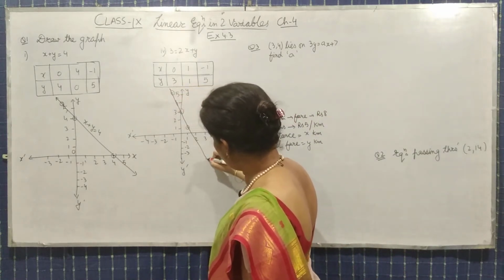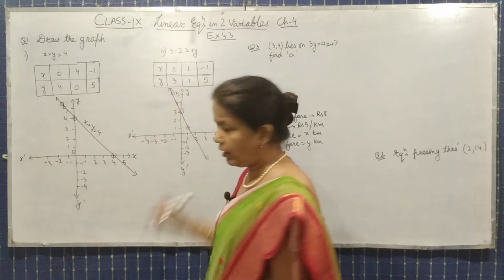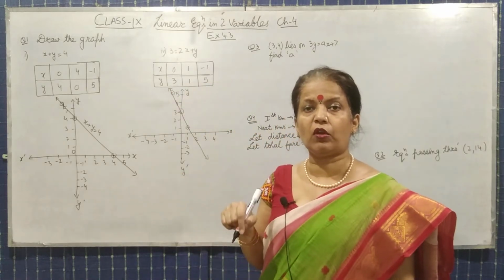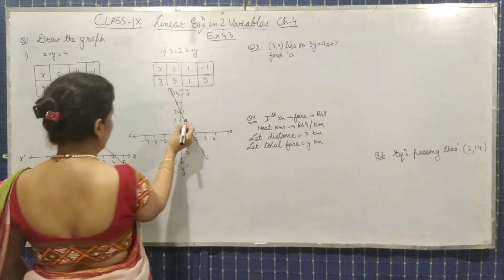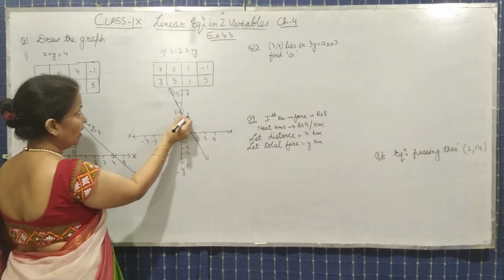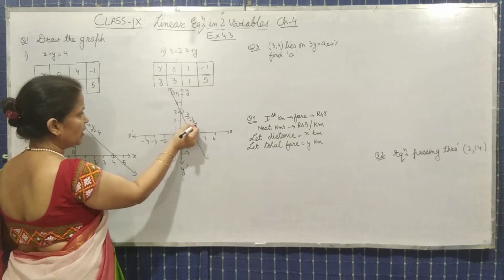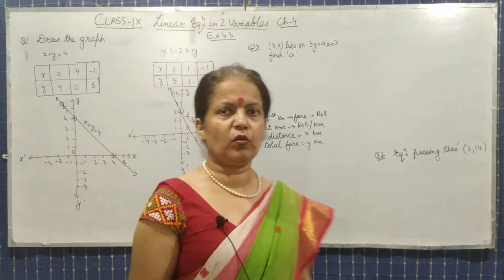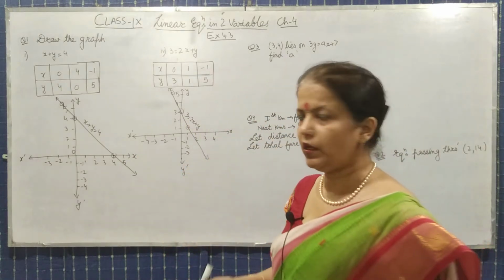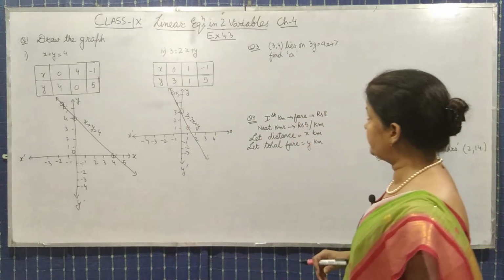If you see, these are collinear. And don't forget to write the linear equation on it. So the linear equation will be 3 equal 2x plus y. Is it clear? Like this, you can make the graph of the other question parts also.